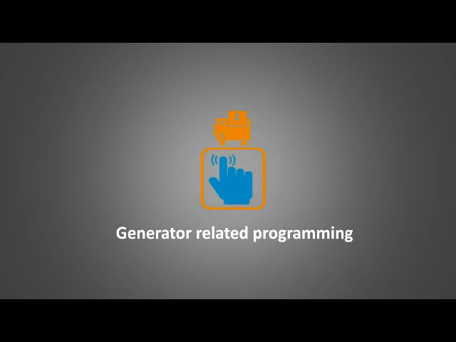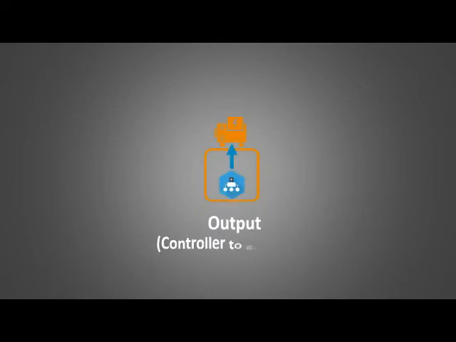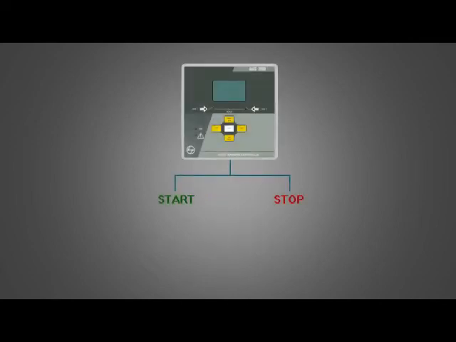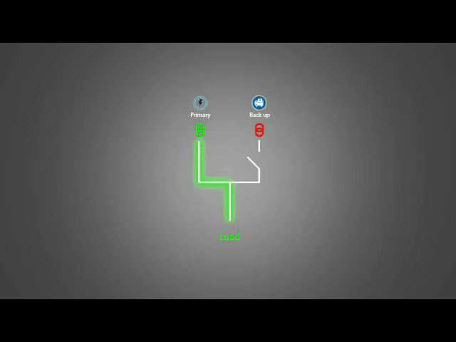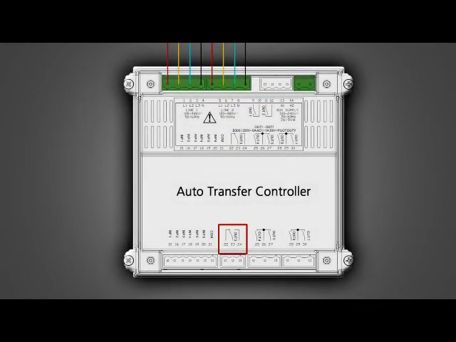Generator-related programs. Now, let us look at programming related to generators. Output, controller to generator. The output types are start and stop. In this scenario, it is assumed that utility is the priority source and generator is the secondary source. Output 3, with terminals 23 and 24, is programmed for generator start and stop signals.